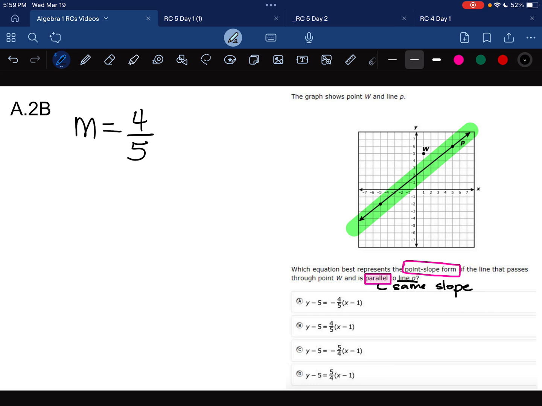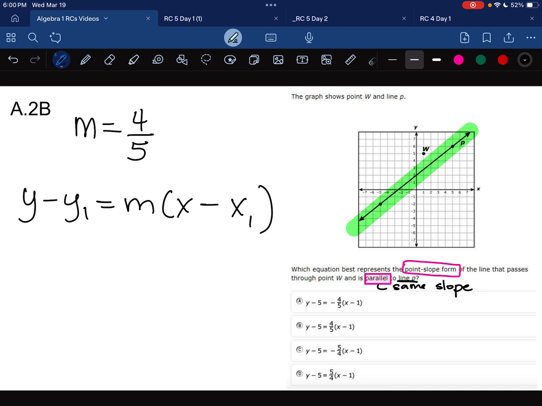Now the question is asking me to represent it in point slope form. So this time that means you need to go ahead and look at your reference sheet. What is point slope form? What is that format? Y minus Y1 is equal to M times X minus X1. All right, so it's parallel.